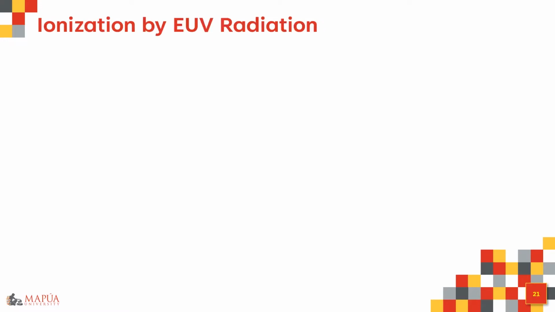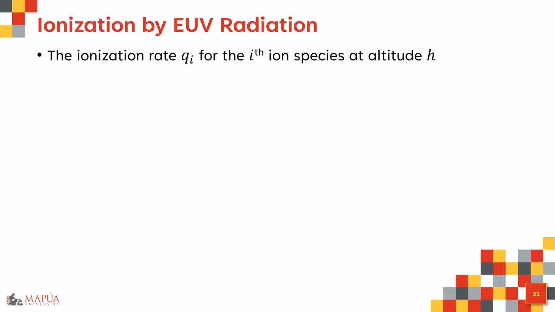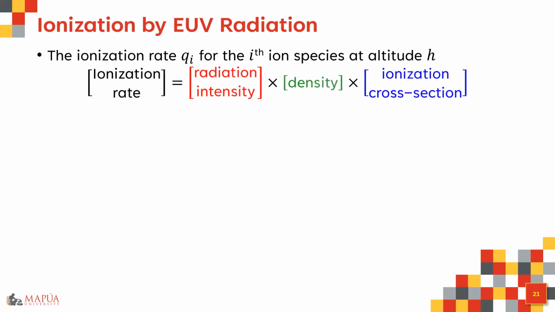So let's start. The ionization rate, Q_i, for the ith ion species at altitude h is given by this. Of course, your ionization rate would be equal to the radiation intensity times the density, times the ionization cross section. So what does it mean?